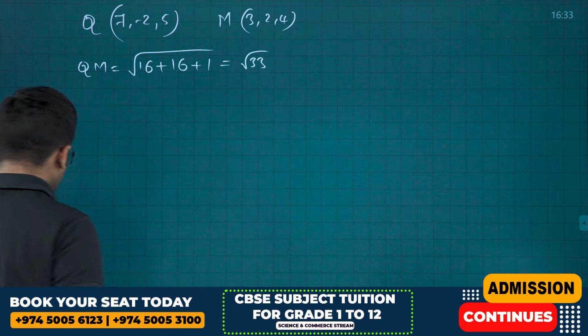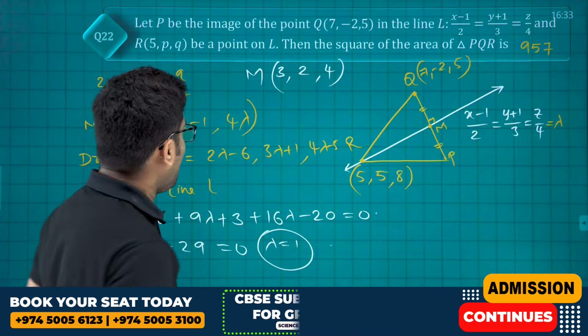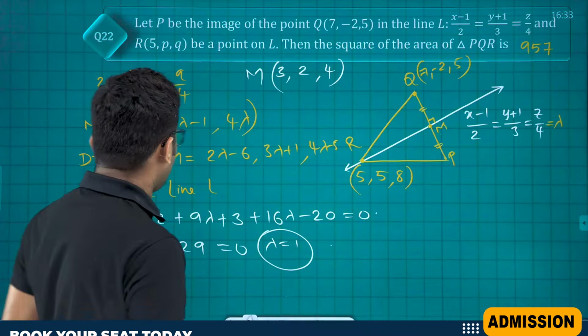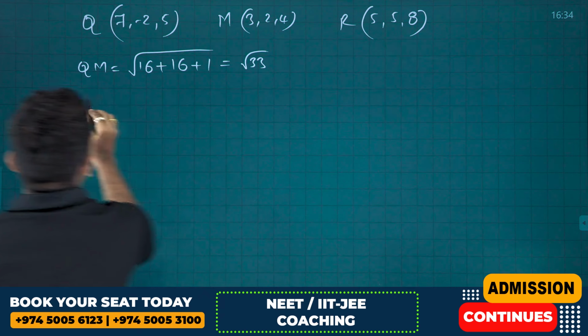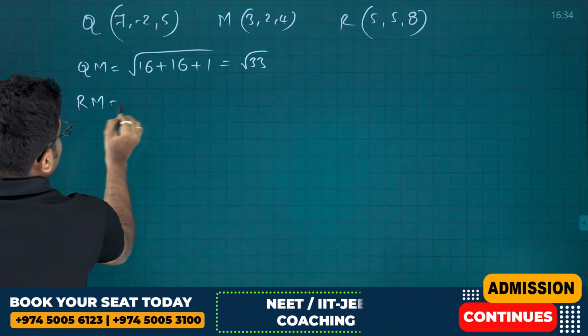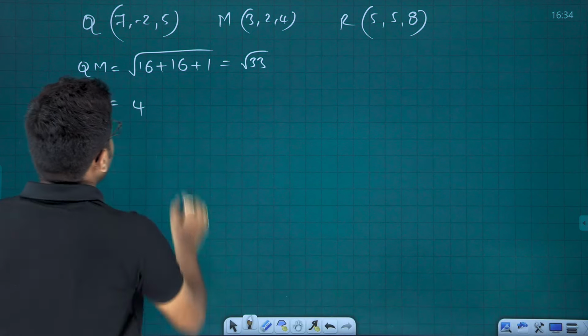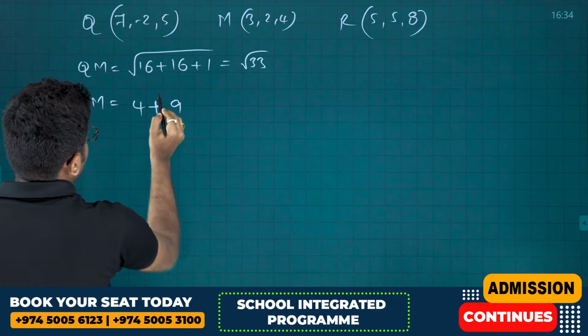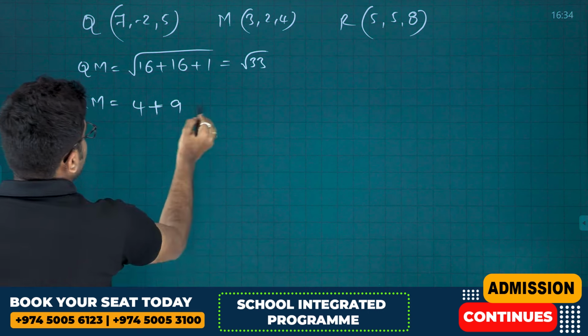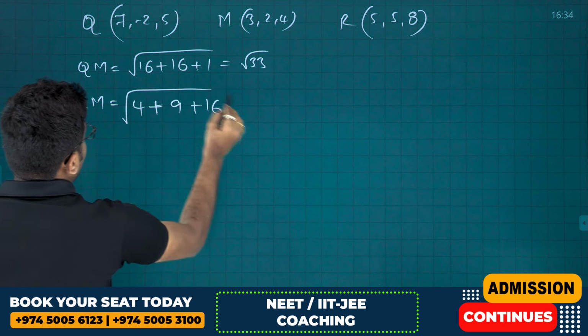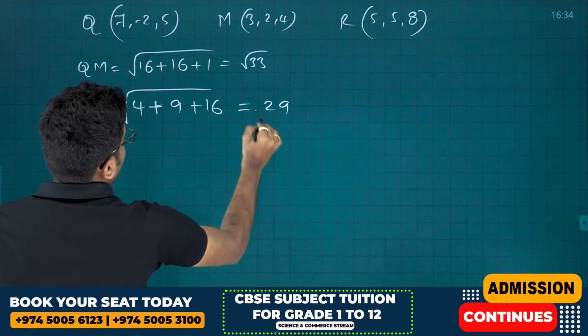In the same way we'll find RM also. R is 5, 5, 8. So RM is equal to 5 minus 3 squared is 4, 5 minus 2 squared is 9, 8 minus 4 squared is 16, 4 plus 9 plus 16 is 29, root 29.